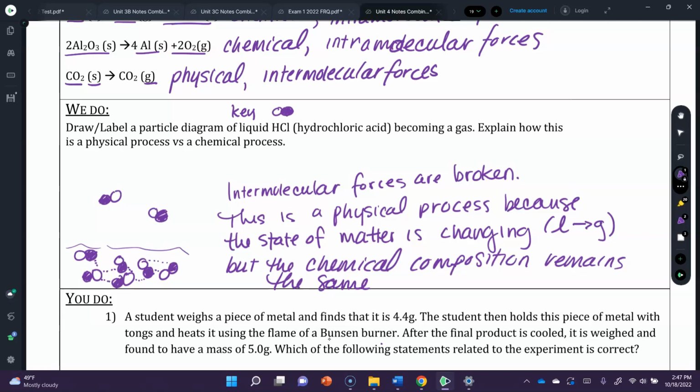Okay, since this is a state of matter change, it is a physical process. So intermolecular forces are being broken. It is a physical process because the state of matter is changing, the physical state that the substance is in, but the chemical composition of the substance is staying the same. So it is not a chemical change or a chemical process.